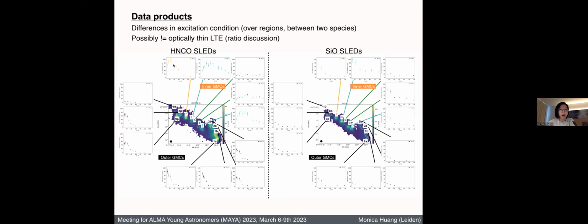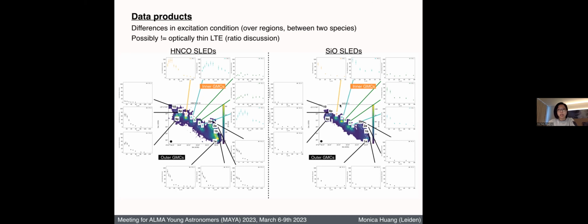The trend for HNCO is highly varying from one region to another. For example, this orange one peaks somewhere in the middle, while the black ones that I marked here peak from the very beginning. So this already hinted that the excitation conditions for HNCO are highly varying across the CMZ.